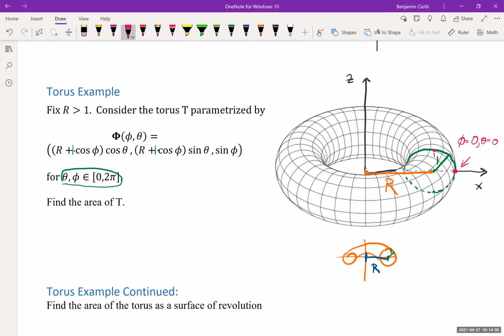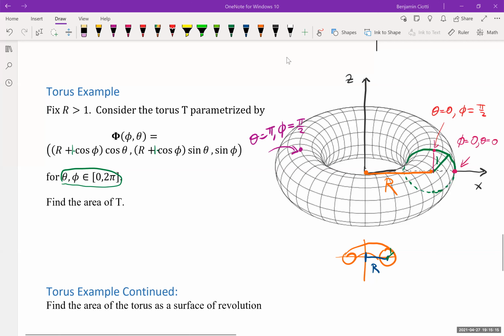And I think right here, theta is still 0, but phi is pi over 2, I believe. And if you were right here, it looks like theta equals pi and phi equals pi over 2. Yeah, that's right. But anyway, go ahead and check for yourself.